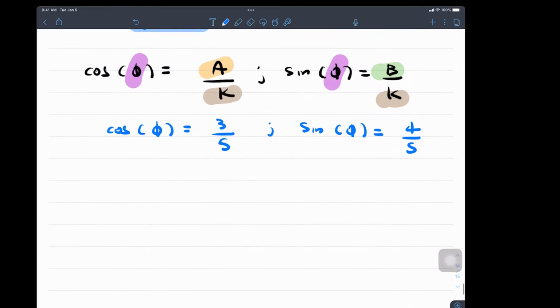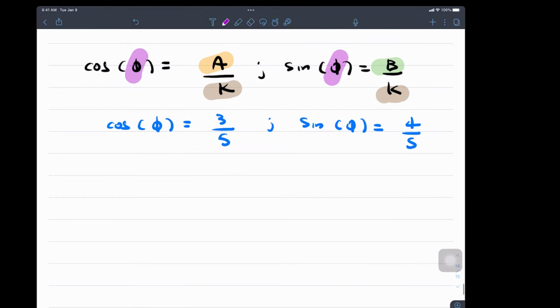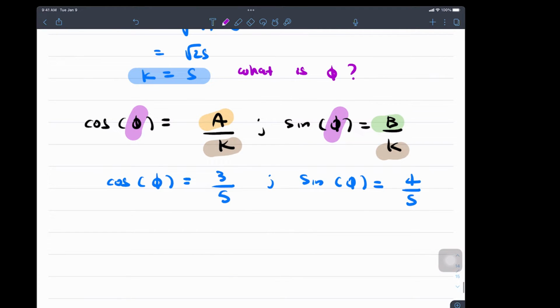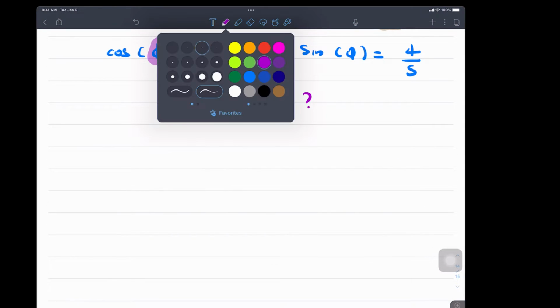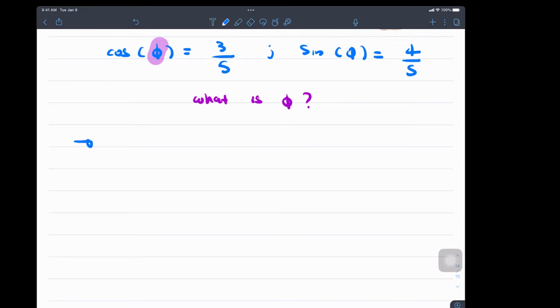So then here's what we have to ask. Again, we're going to ask the same question, right? This is phi. Now, I'm going to introduce you guys to this. You may know this already. I need to get phi. This means phi is the inverse cosine of 3/5.